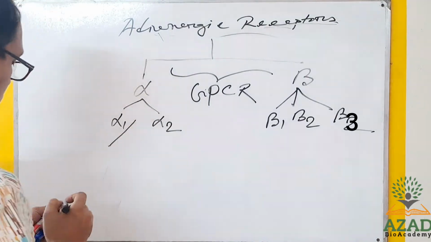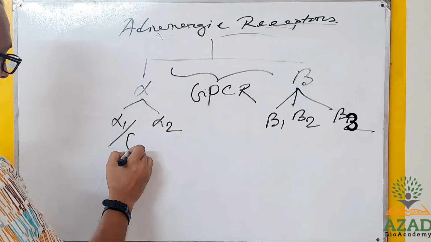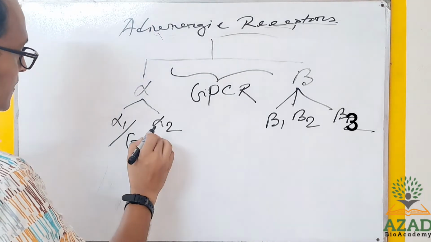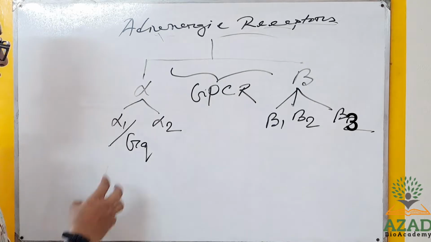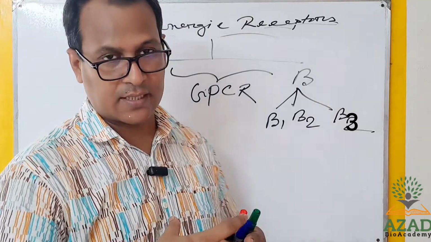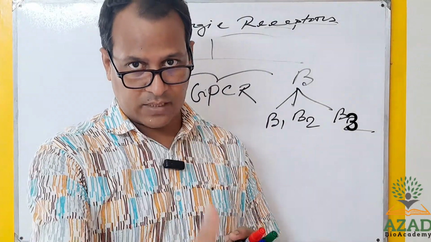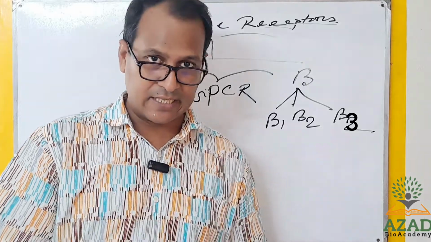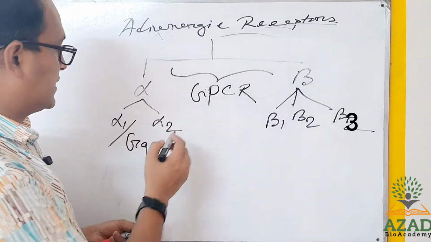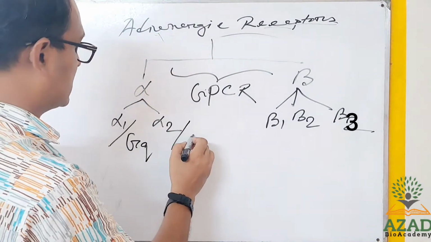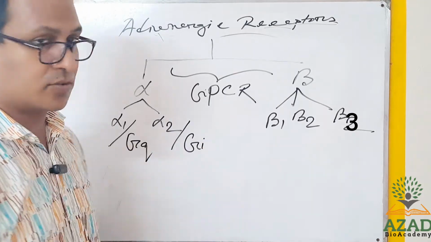Here alpha 1 is basically the Gq type of G protein coupled receptor. Gq is connected with the phospholipase C enzyme, and alpha 2 is Gi, that is inhibitory G protein.